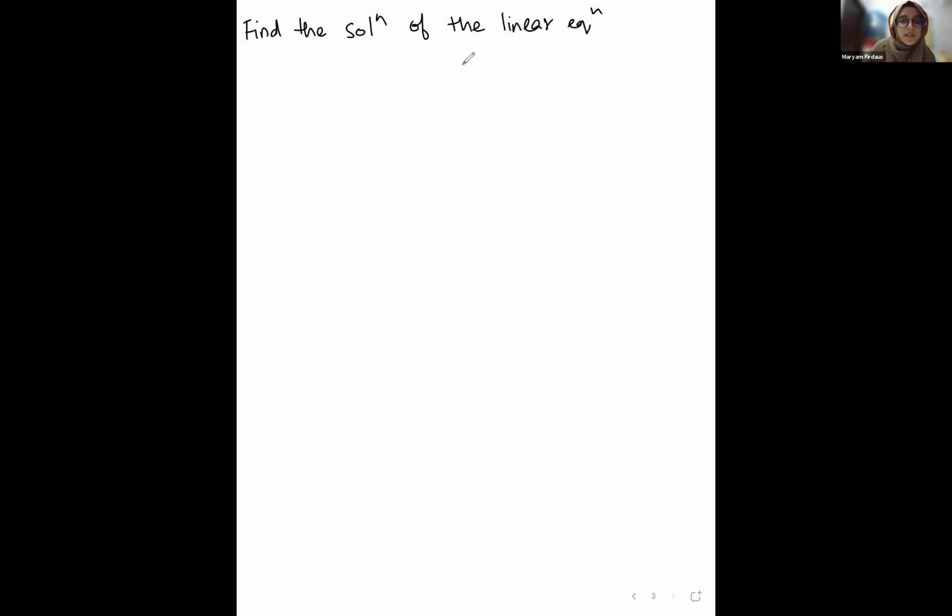x plus 2y is equal to 8, which represents a point on the x-axis. So what does this question mean?